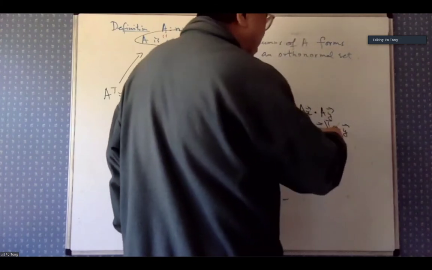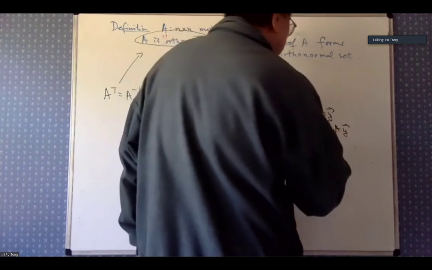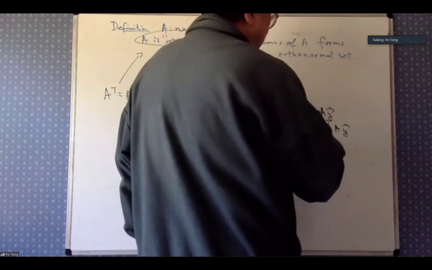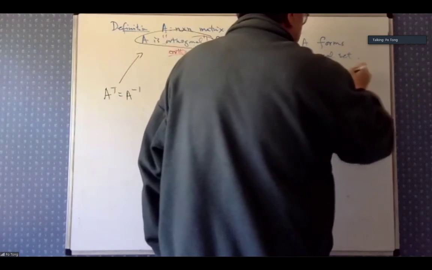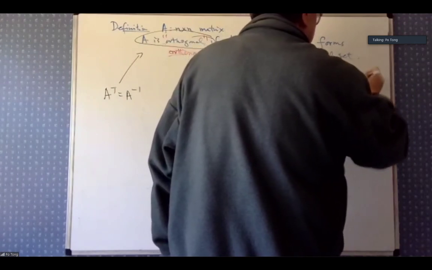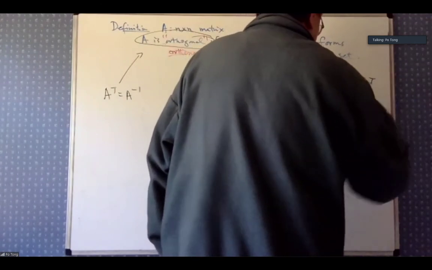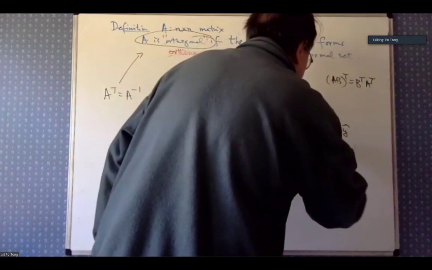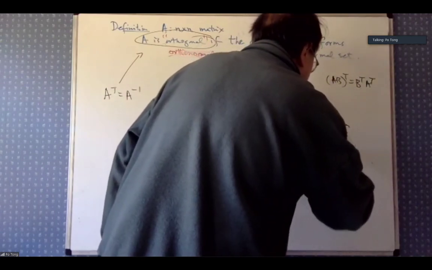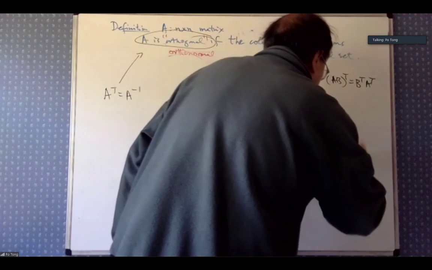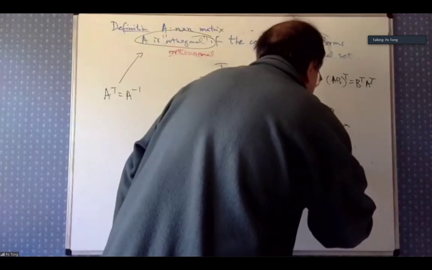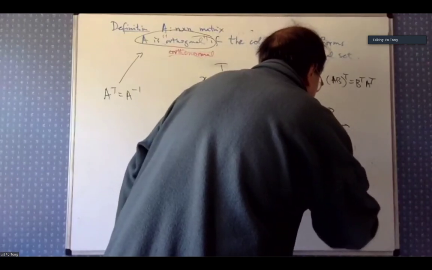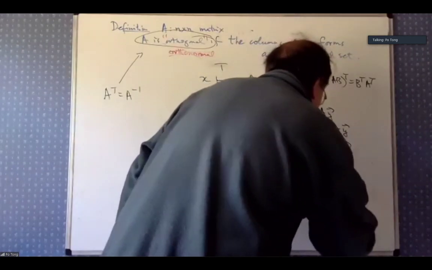This is matrix multiplication here. But we have this result before: the transpose of BA is B transpose A transpose. You reverse the order. So this becomes x transpose A transpose A y, where A transpose A is the identity. So this gives you back x transpose y, which is x dot y.